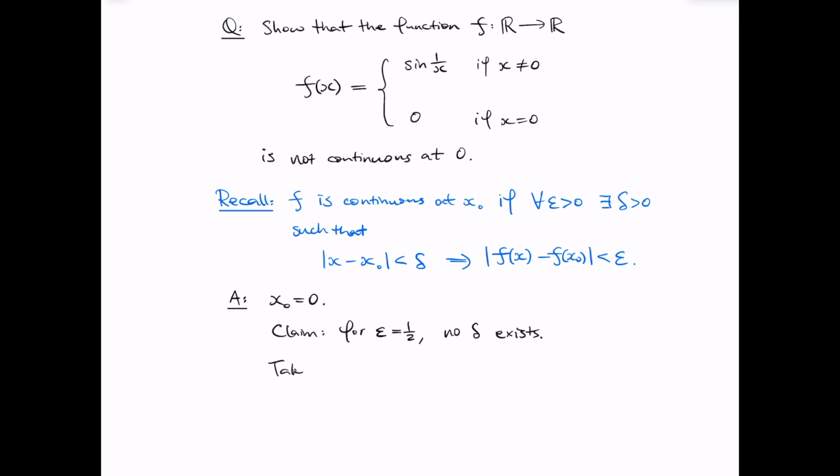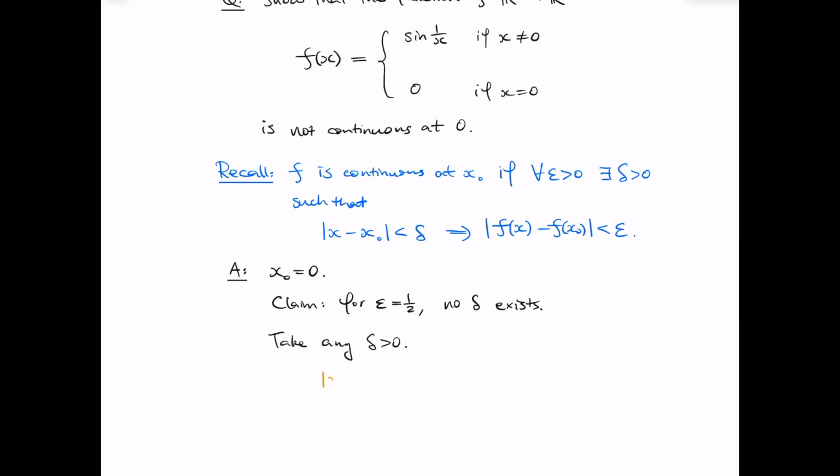So take any delta bigger than 0. If the distance between x and x0 is less than delta, this means that since x0 is 0, the absolute value of x is less than delta, which means that x is in the range minus delta to delta.